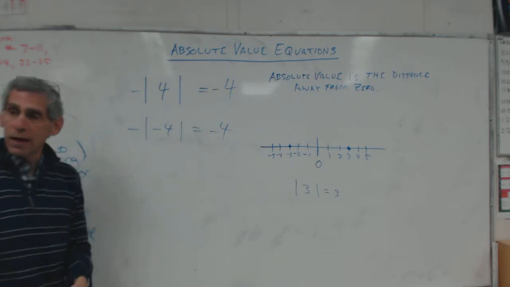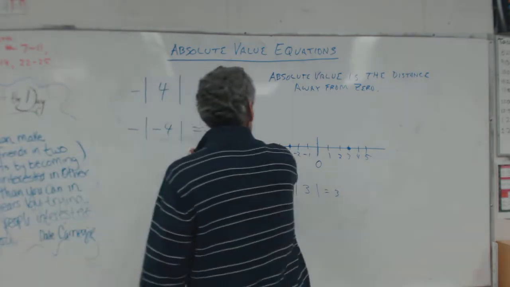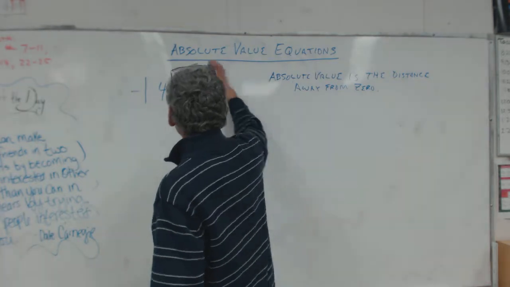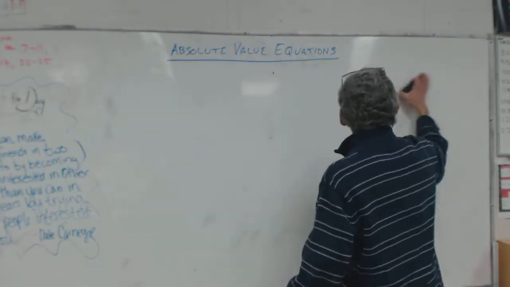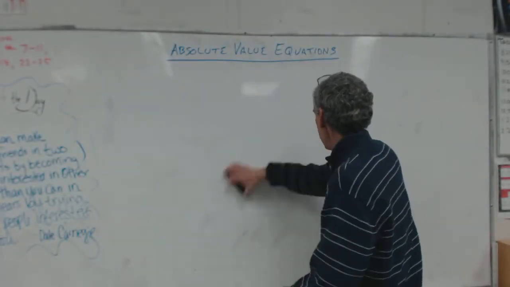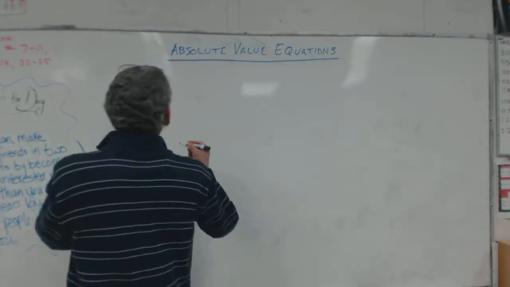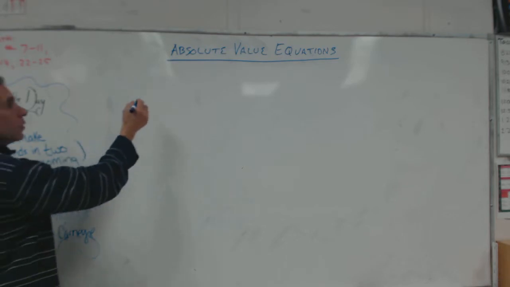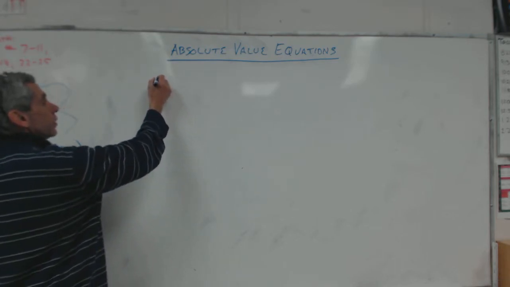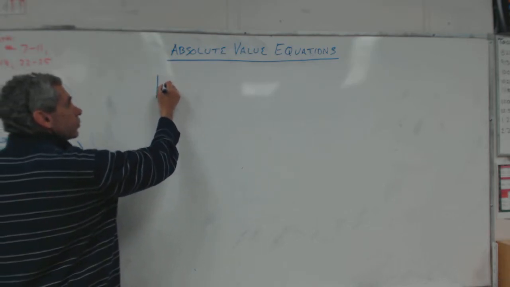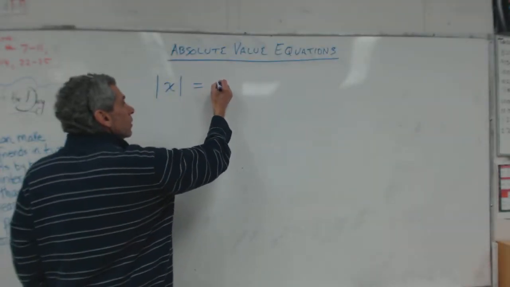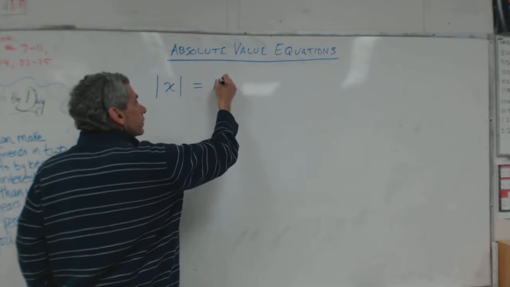Yes, that's true. Now, sometimes you are given equations using absolute values and using variables. And I love doing these. They're really fun. But let's say I gave you something like this. Let's start easy. The absolute value of x is equal to 10.